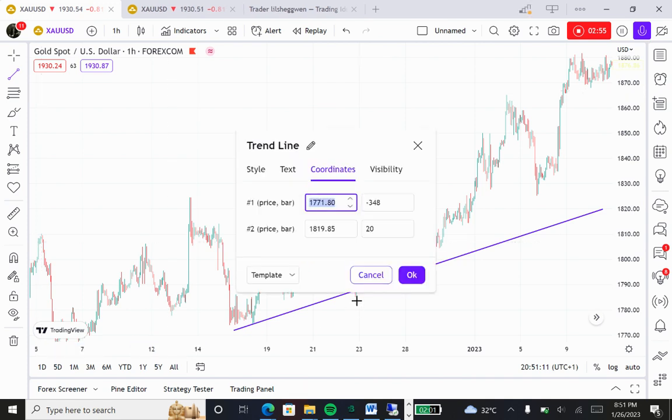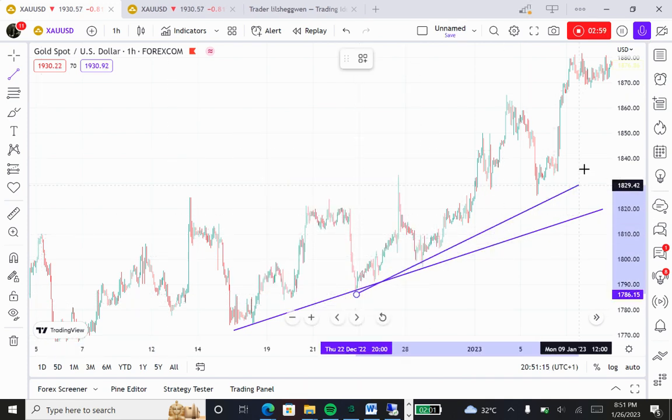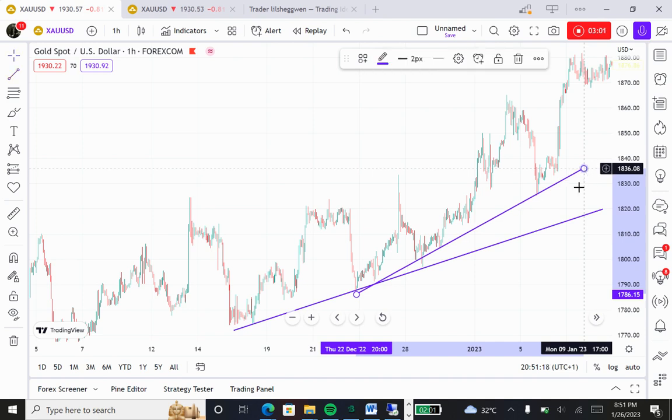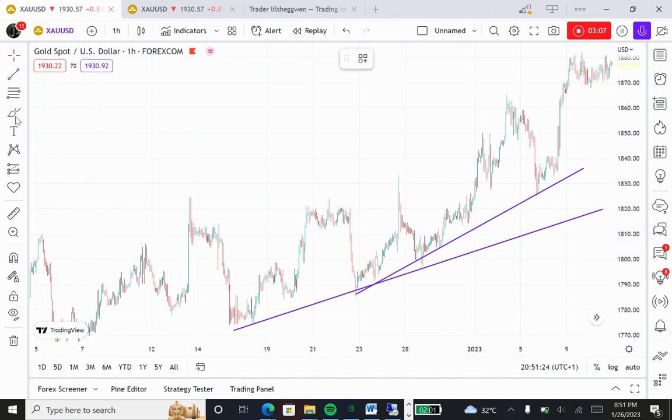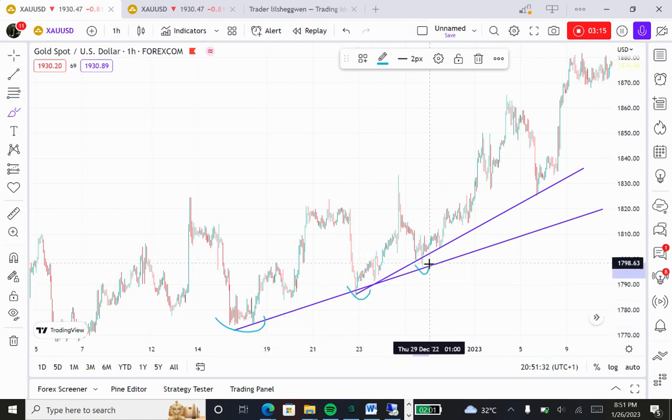If you draw something like this, you are correct. What a trend line actually means is that you are connecting the lows, with the assumption that when the market comes back to this line, the market should move up, because you are expecting the market to continue to go up in the long run.